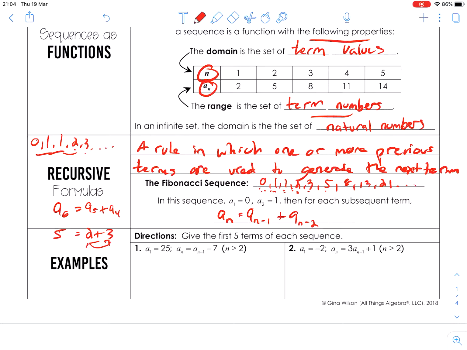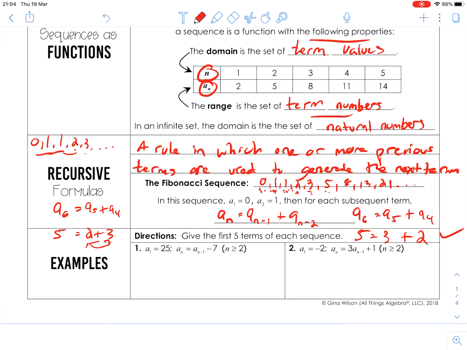If we had a sub 6, we subtract 1, which gives us a sub 5, plus a sub 6 minus 2, which is a sub 4. Let's check our answer. A sub 6 is the sixth term, a sub 5 is the fifth, and a sub 4 is the fourth. Yep, it works. Wow, that's great.